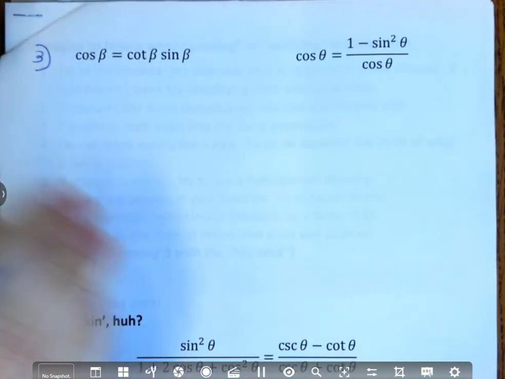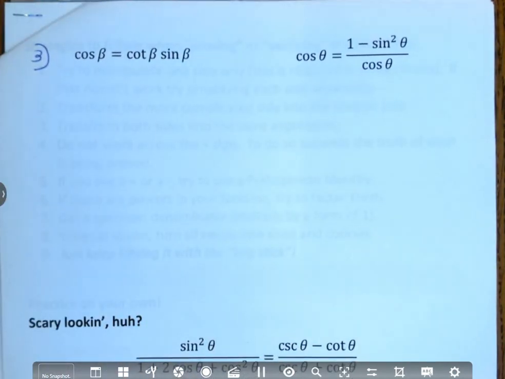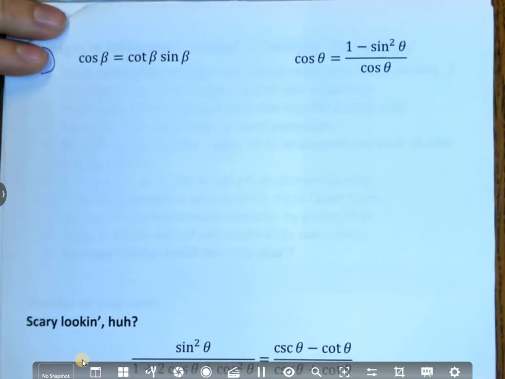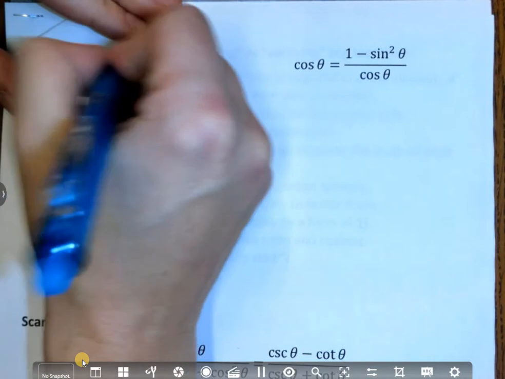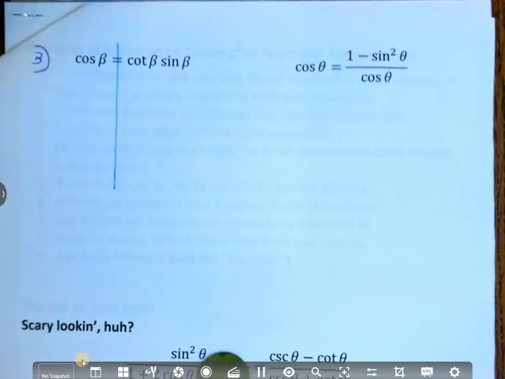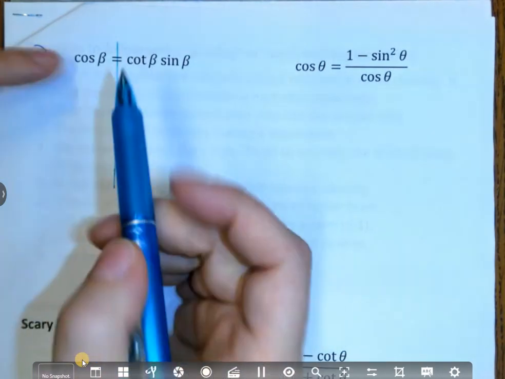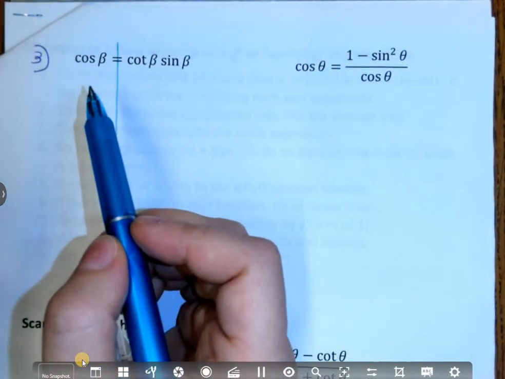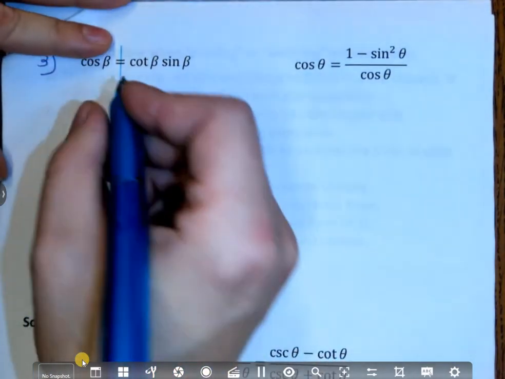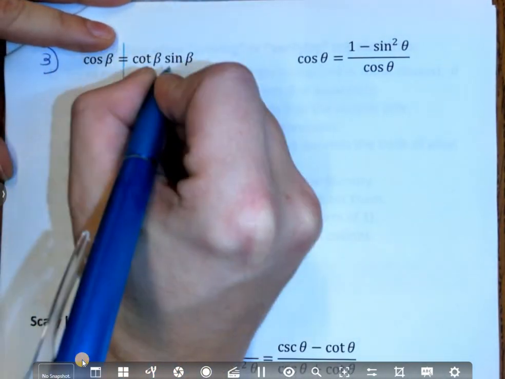So go ahead and write down that one. That symbol is a beta, by the way, just in case you were wondering. All right, so what do you think I'm going to do here? What should be my first step for this problem? I like the line. The line is not necessary. It just helps me. So you think I'm going to do what? Well, cosine is in terms of sine and cosine. Write what cotangent is. So what is cotangent?